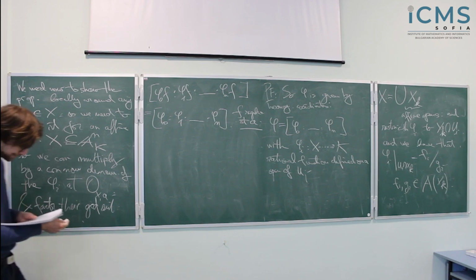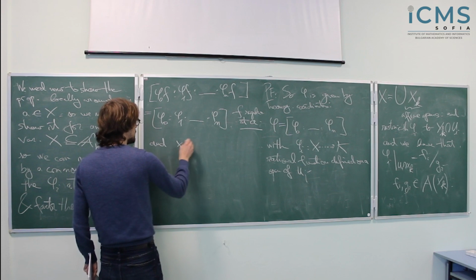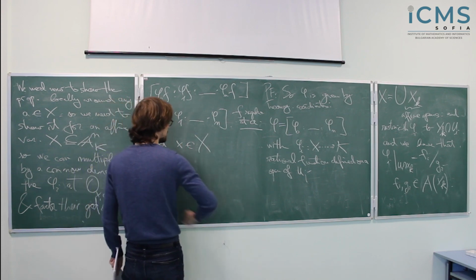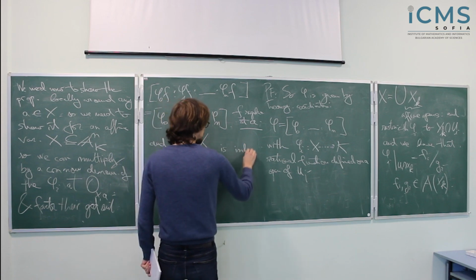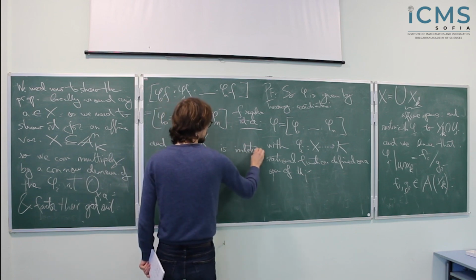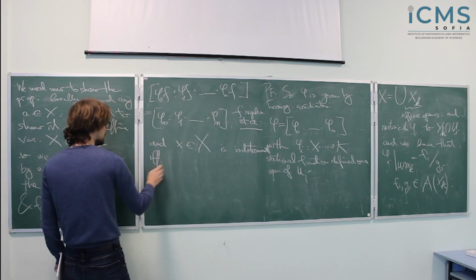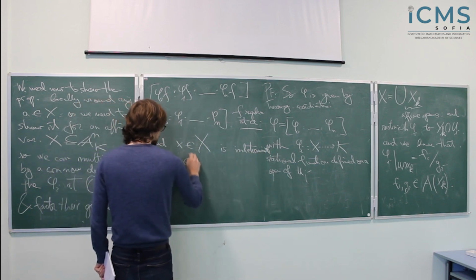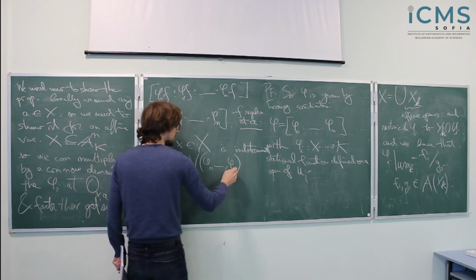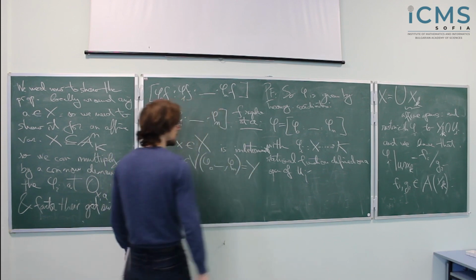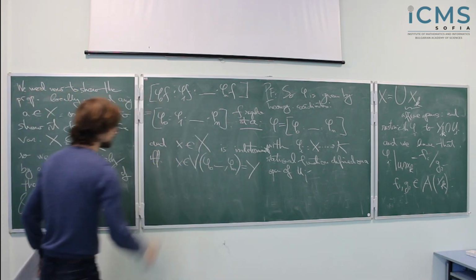And a point x in this affine variety is indeterminate if and only if x is a common zero of these phi things. I'm going to write it as Y for this subset.